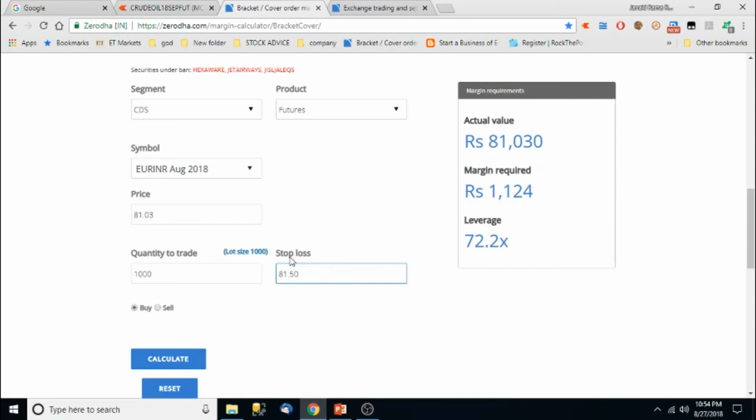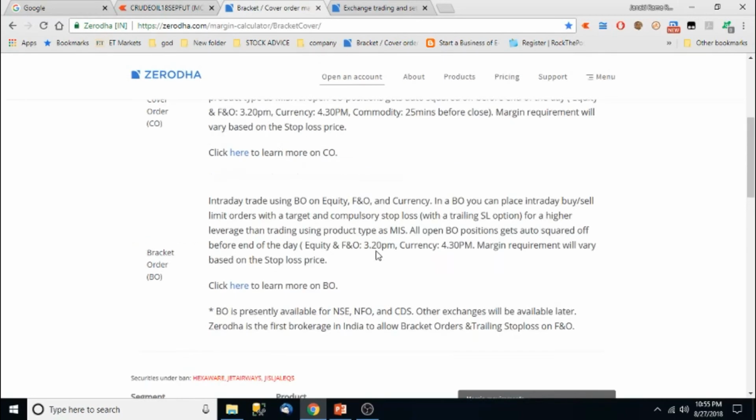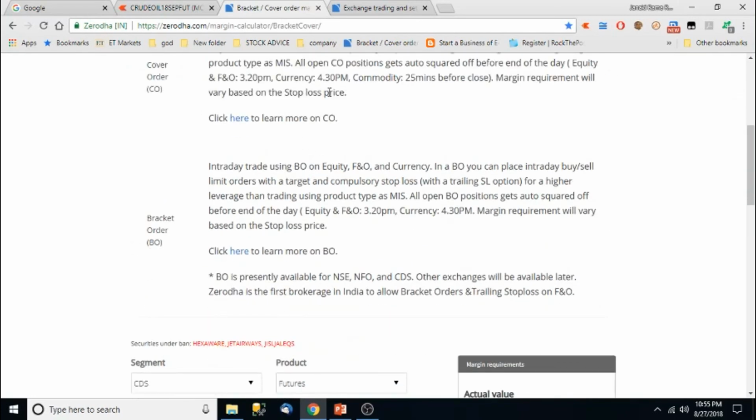Let's say this much difference will not be there in the market, so we'll take 50 paise. So with a 50 paise gap, for one lot of euros we are getting it at 730 rupees. So this is pretty much about the NSE.